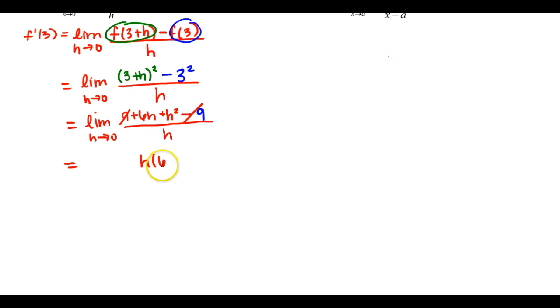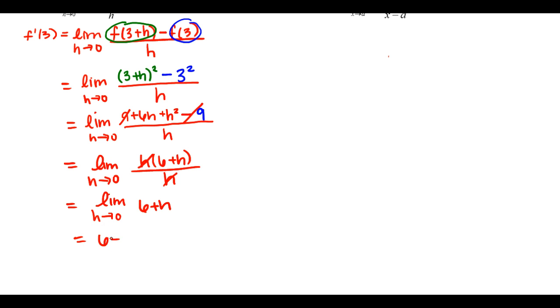So h times 6 plus h all over h, and we still have a limit as h approaches 0. So let's go ahead and cancel the h values. What we're left with is evaluating the limit as h approaches 0 of 6 plus h. Well, now if I substitute in 0, I'm going to get just 6 plus 0, which equals 6.